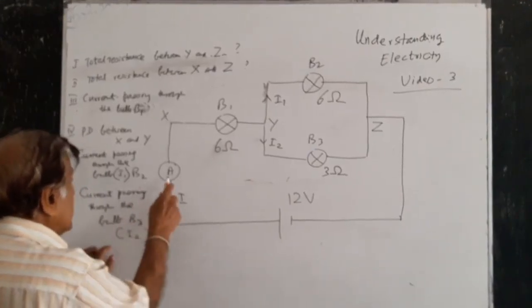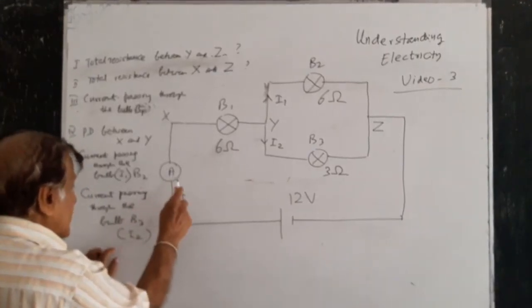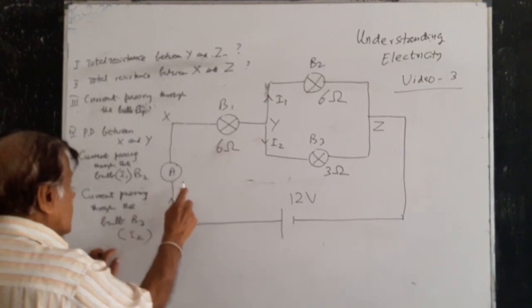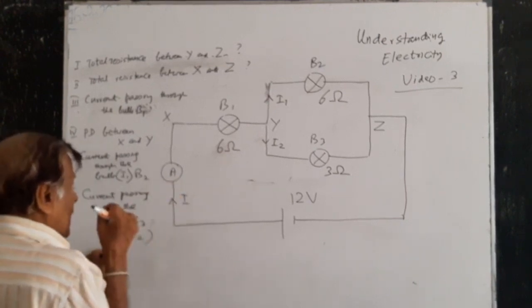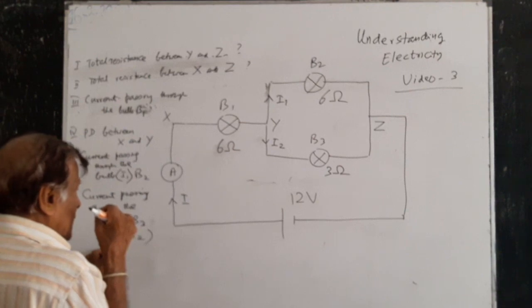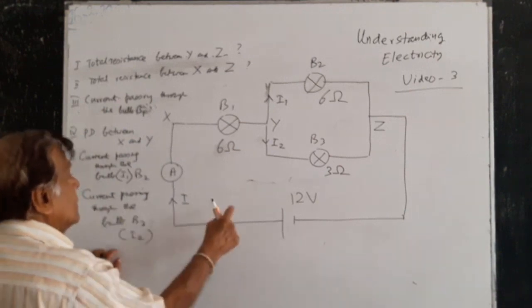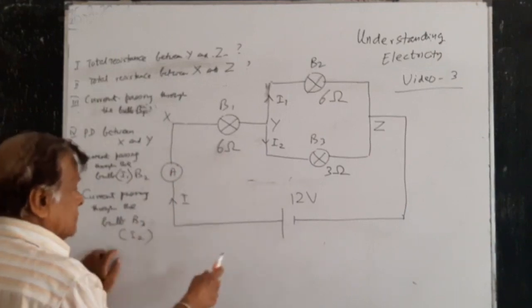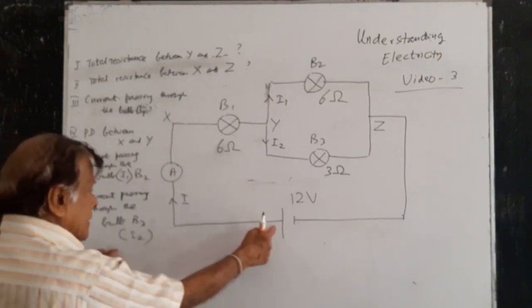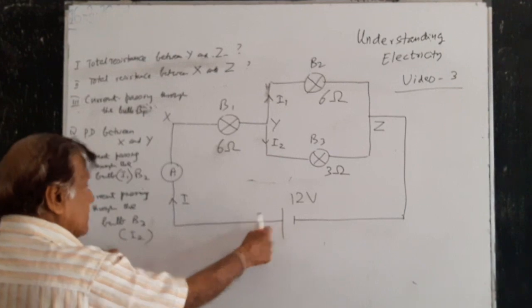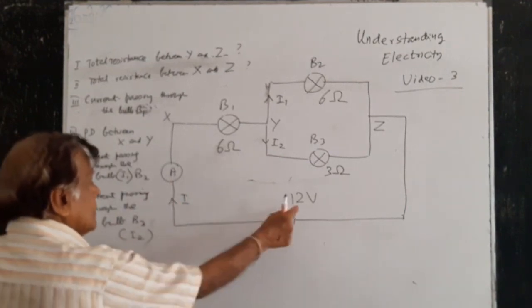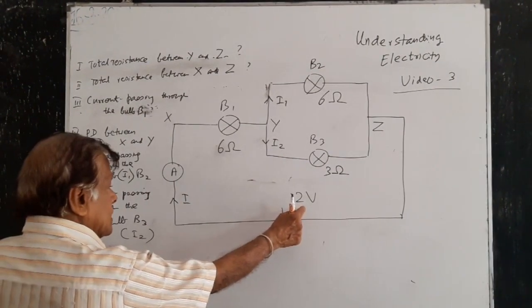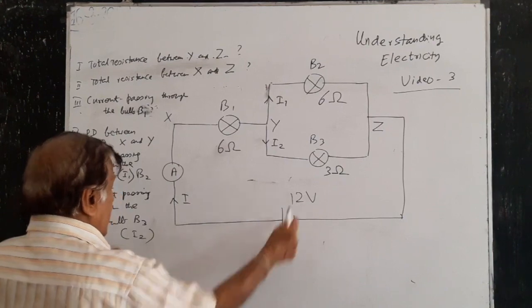The ammeter reading is the total current flowing through the circuit, that is the current drawn from the battery. The voltage or potential difference of this battery is 12 volts.